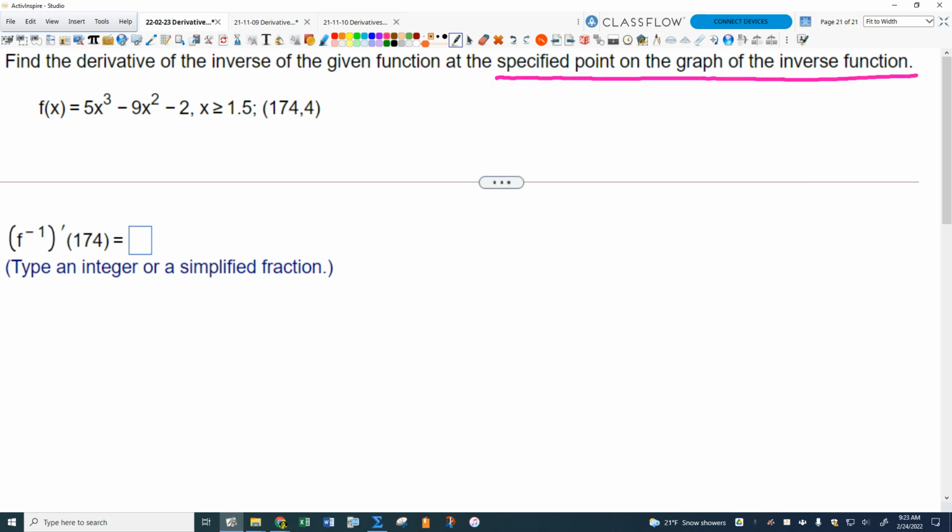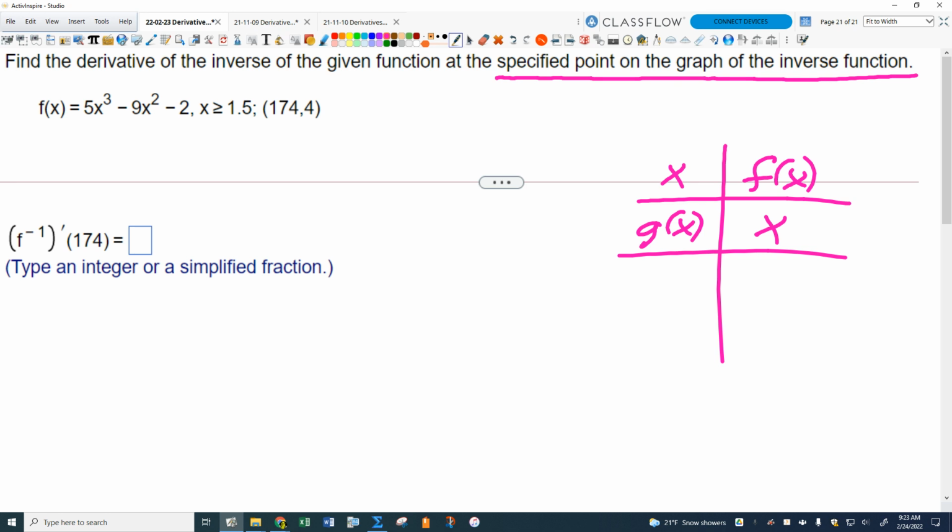of the inverse function. Okay, so in other words, the input of this, in the table, it would look like this. They're saying input the 174 into the, it's going to be here, right?